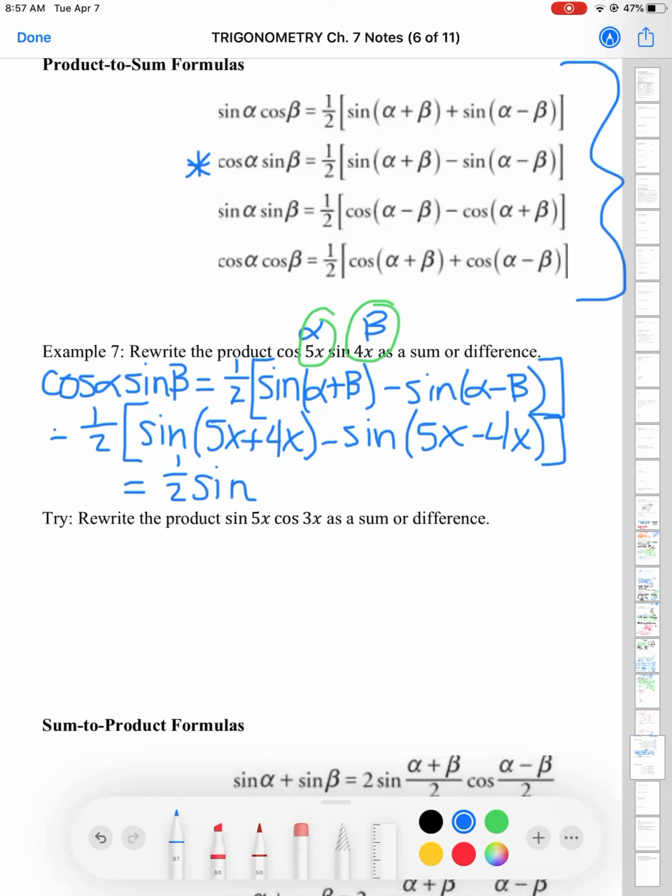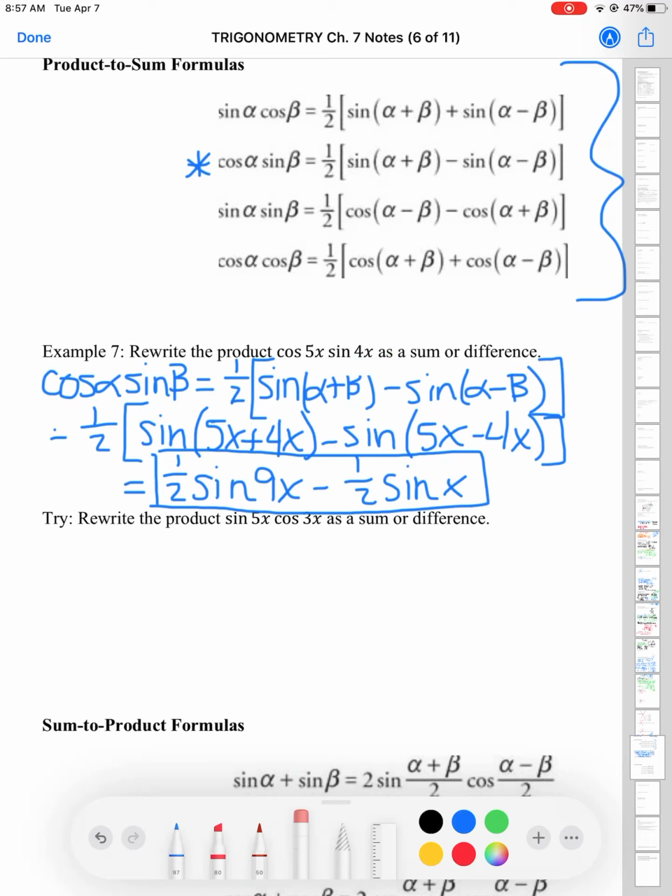So we'd have 1/2 sine 5x plus 4x is 9x, minus 1/2 sine 5x minus 4x is x. So now instead of a product, we have a difference. So we successfully rewrote this product right here as a difference. It just so happened to be a difference. So pause me if you need to, but I'm going to move on.